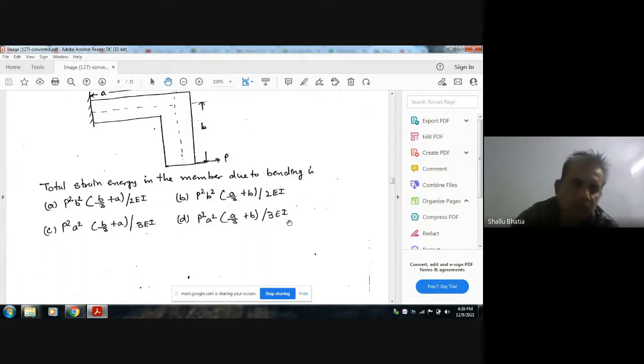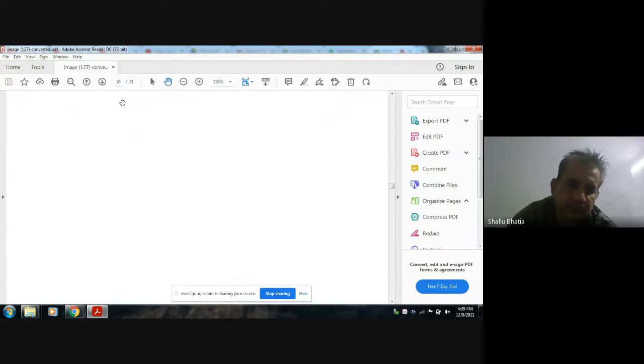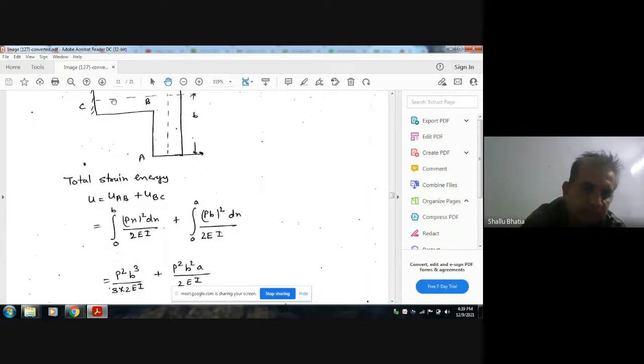Okay. So the total strain energy will be the summation of the strain energy of this part and of this part. So U AB: the moment about any section in the AB part will be Px, and x will be varying from b to 0.